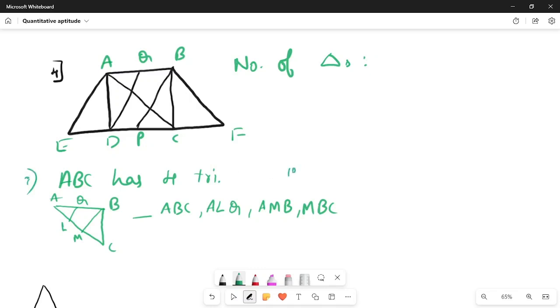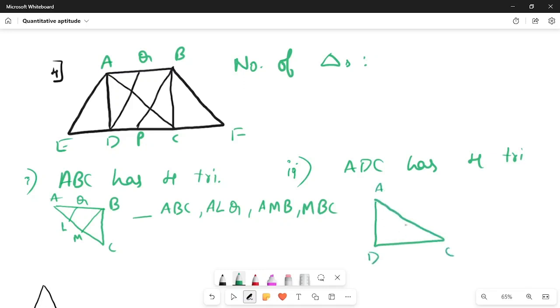And the second part, when I consider this ADC, even ADC has 4 triangles. You can cross check just this part. I have A, D and C. There is a partition over here, say that is P, and one more somewhere here. This point I don't know, I'll just take it as X and Y. Now you count the number of triangles here.